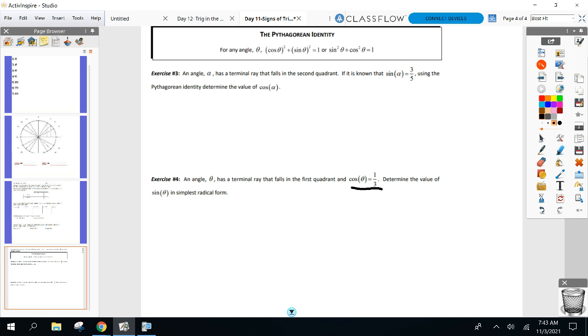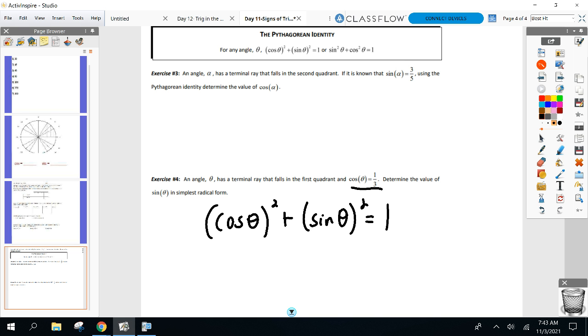It's 1/3. So I'm going to use this Pythagorean Theorem identity that I showed you yesterday. I will also give this to you on any test or quiz. I know it's not on the formula sheet, but I'll give it to you. Sine squared theta plus cosine squared theta equals 1. What am I going to plug in for cosine theta?